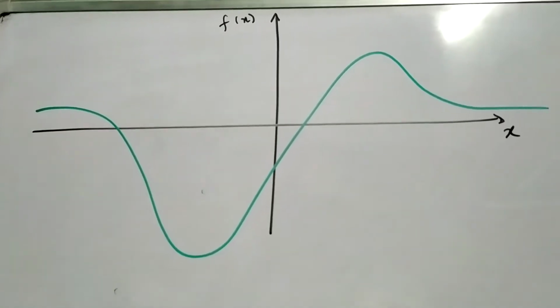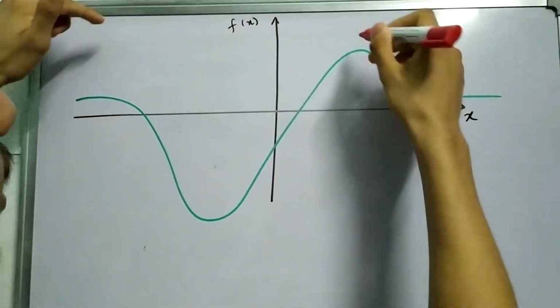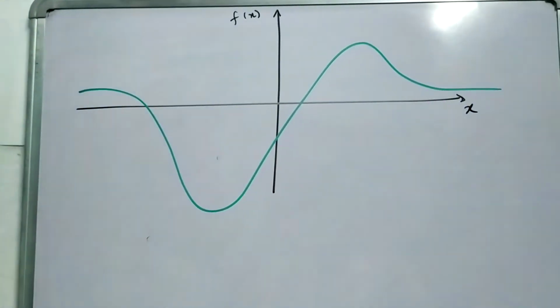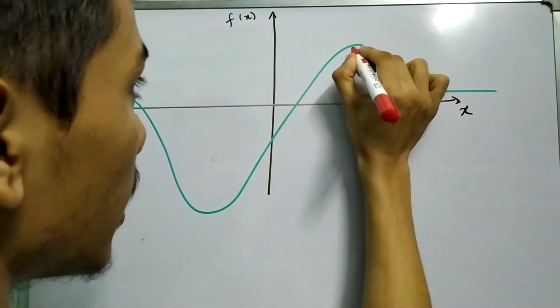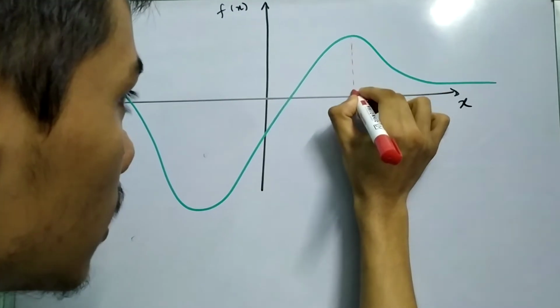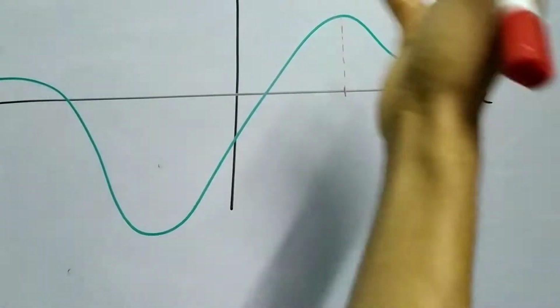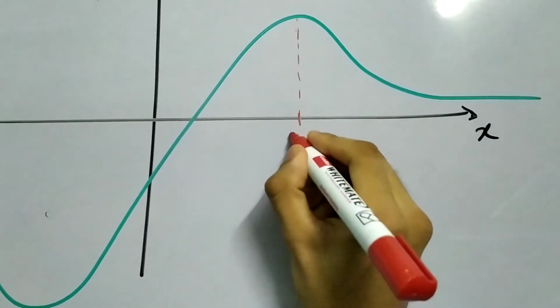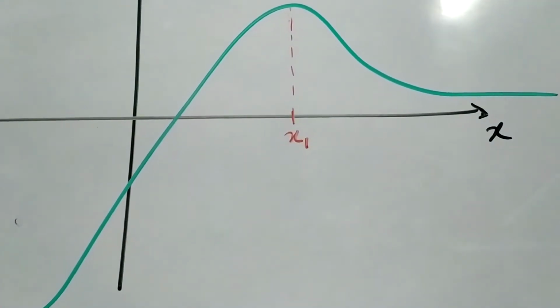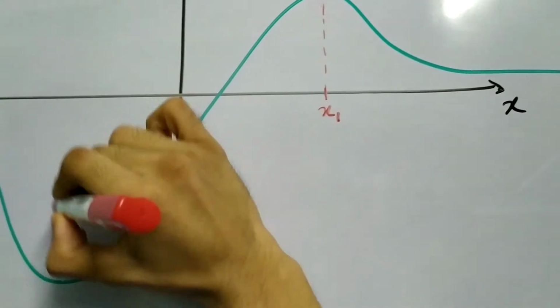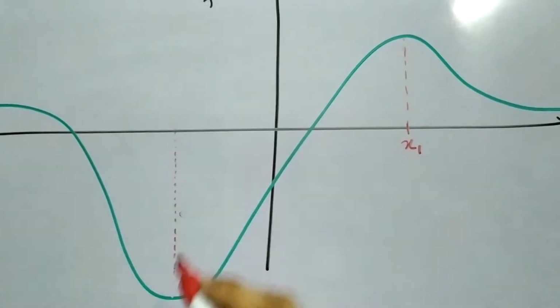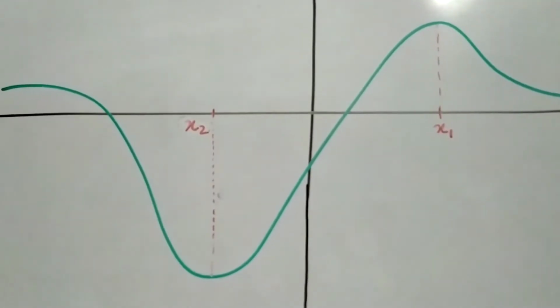Now as you can see, this function has two peaks, or a peak and a valley. Let us say this peak here, this maxima, the maximum value, is at x1, and this minimum value, the minima of this function, is at x2.